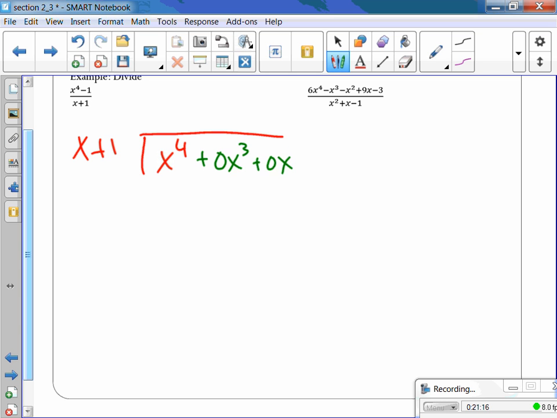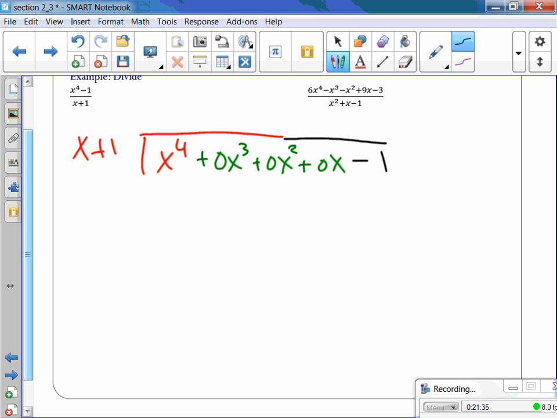If the constant is missing, make sure you put a 0 in for your constant as well. If we didn't have that minus 1 and it was just x to the fourth, put in a 0 for that very last term as well. Now that we have those placeholders in, everything will match up when we add or subtract vertically.